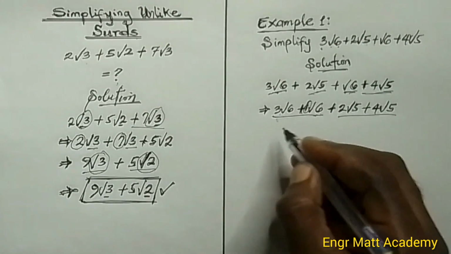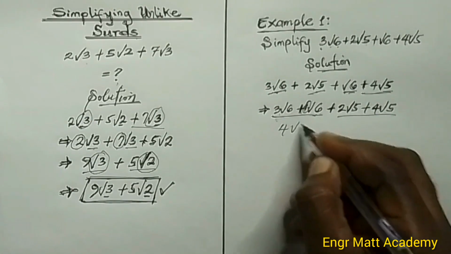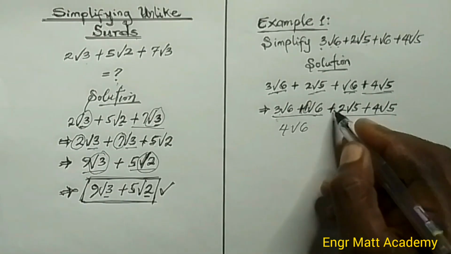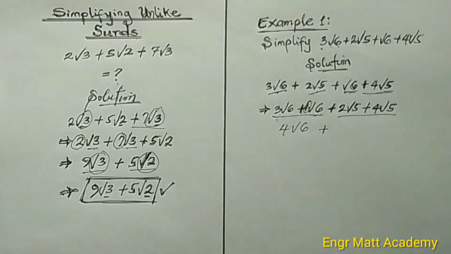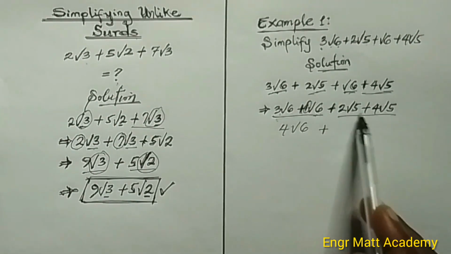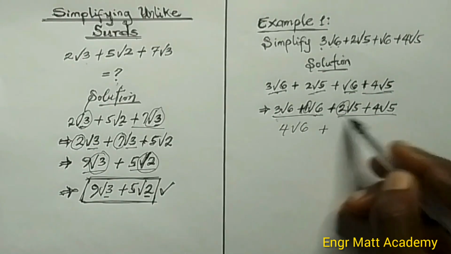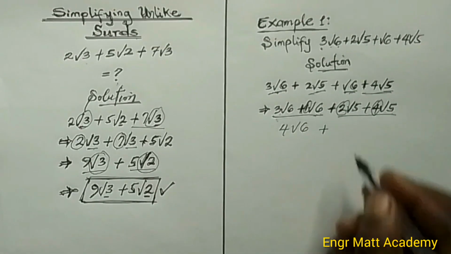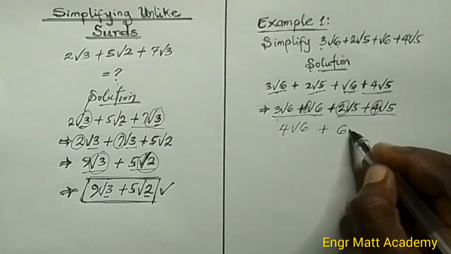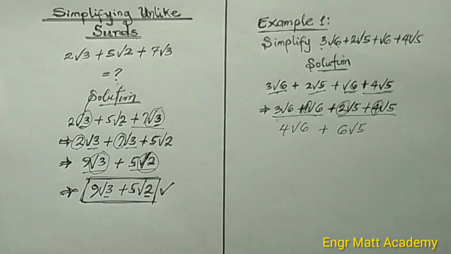That will give us 4 root 6 plus 2 root 5 plus 4 root 5. Remember, we only add the coefficients, 2 plus 4. That will give us 6. So we have 6 root 5.